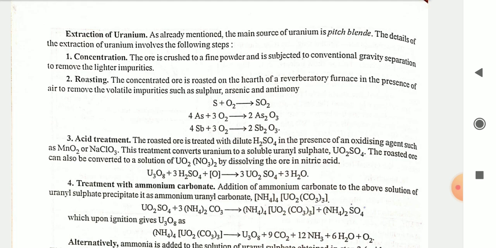UO2SO4 plus 3 (NH4)2CO3 gives (NH4)4[UO2(CO3)3] plus (NH4)2SO4, which upon ignition gives U3O8. 3 (NH4)4[UO2(CO3)3] gives U3O8 plus 9 CO2 plus 12 NH3 plus 6 H2O plus O2.